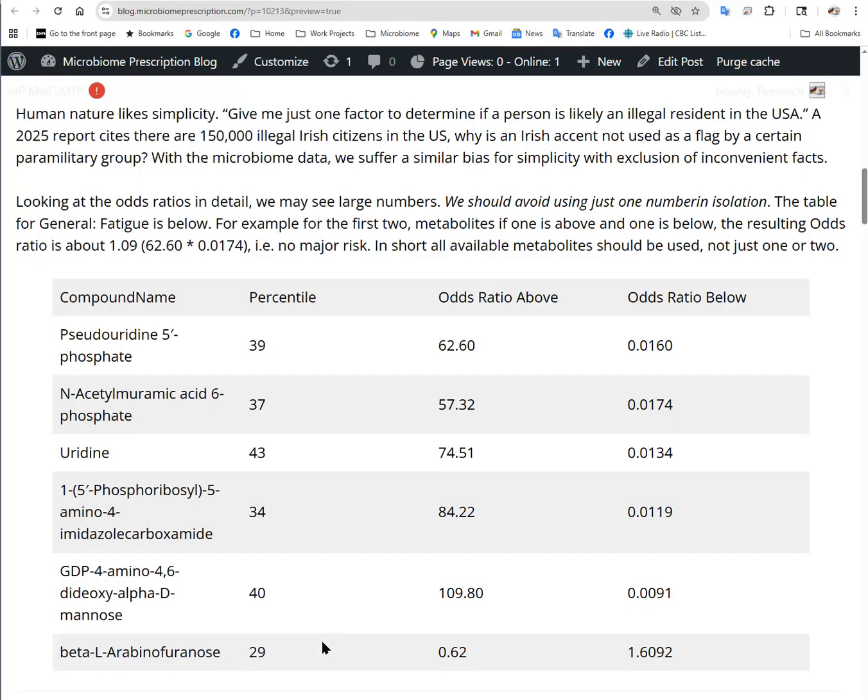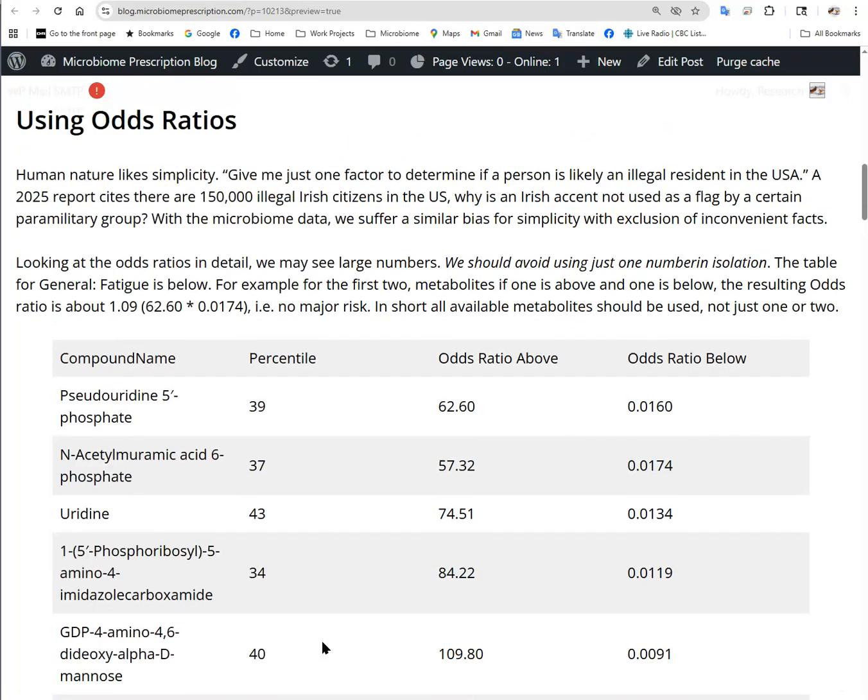Okay, now using odds ratio, it's the same aspect as identifying criminals or illegal aliens. You can't work from one magical characteristic or aspect. You have to look at all the data available to make a determination. Here is an example where we see some pretty high odds ratios, and you notice the percentiles are there. Oh, okay, so we pick one of them and run with that.